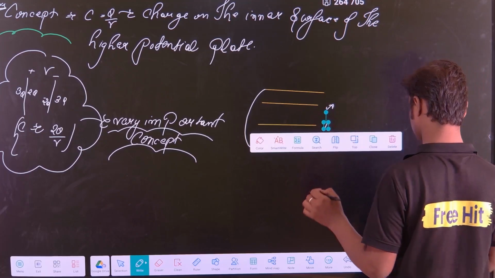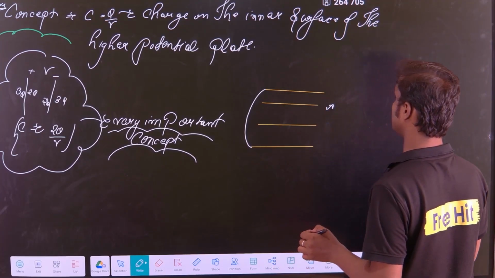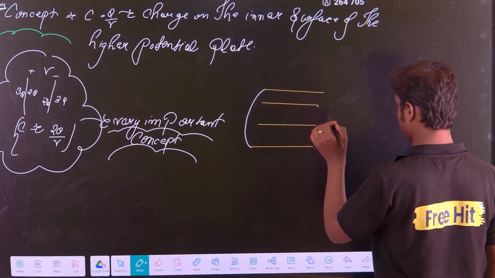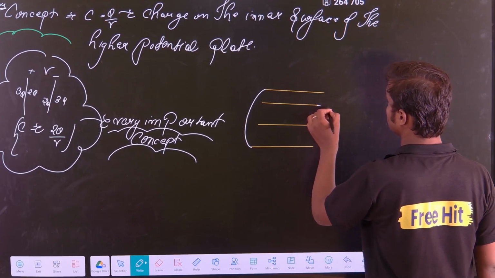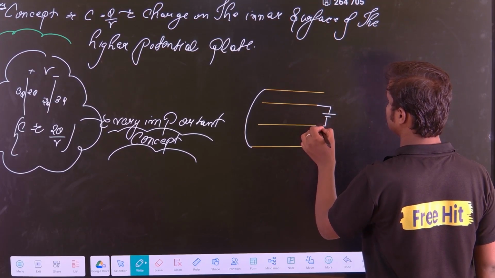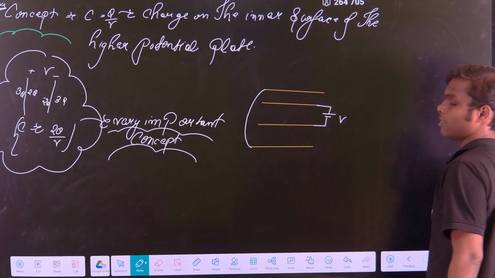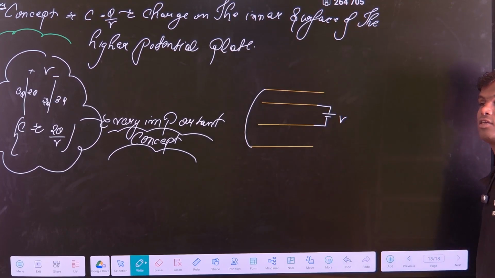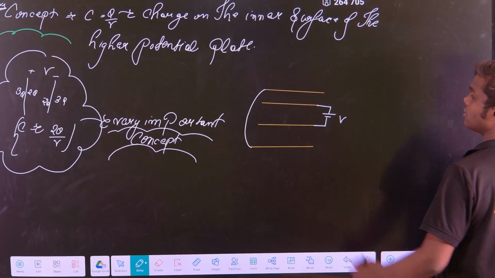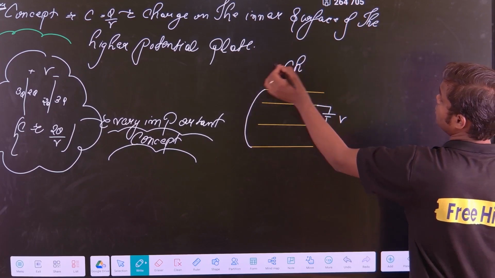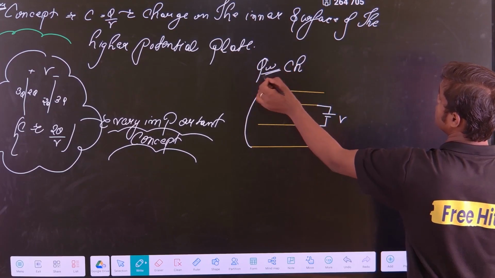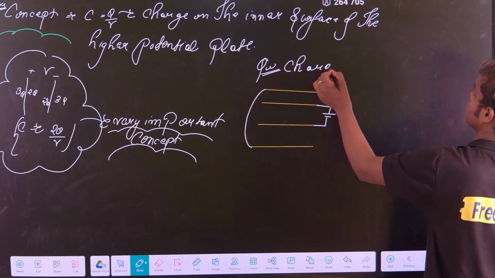Suppose now I am changing the question slightly. Now I am saying I have connected to a potential V. Correct? Now my question is that you have to find the charge on each surface. My question is now changed. The question is the charge on each surface.